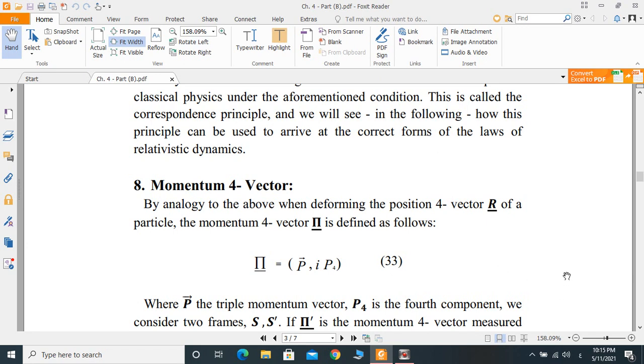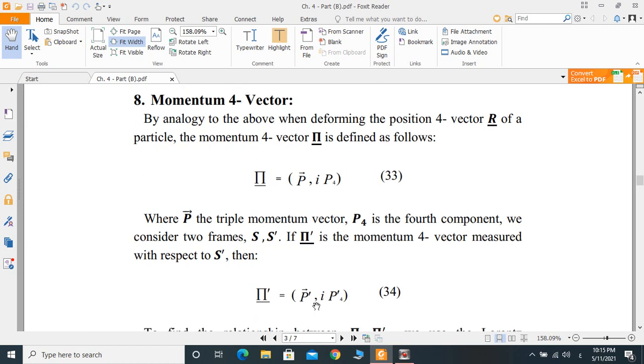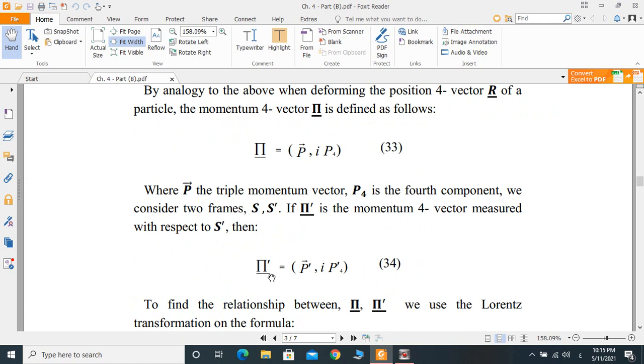Now we consider the two frames S and S dash. If pi dash is the momentum four-vector measured with respect to S dash, then pi dash is given by this form.